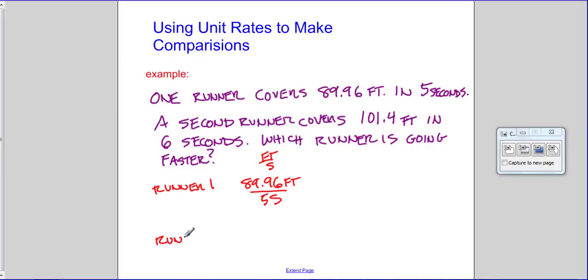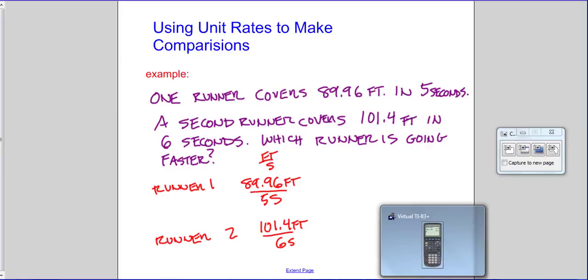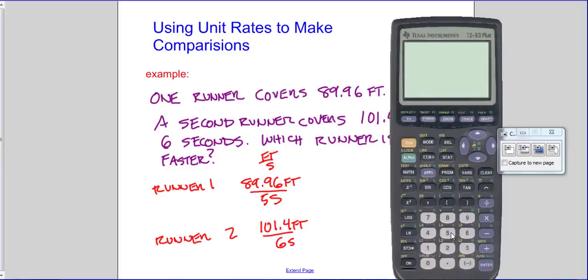Runner 2 goes 101.4 feet in 6 seconds. Now you could divide 5 into 89.96, but I'm going to use a calculator here. So I have 89.96 divided by 5.